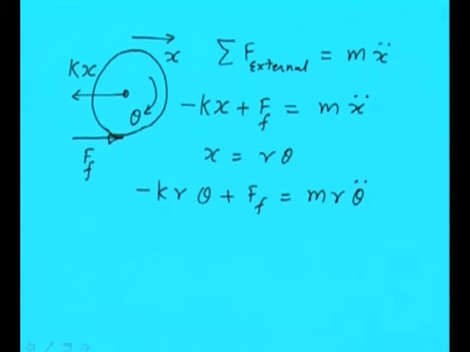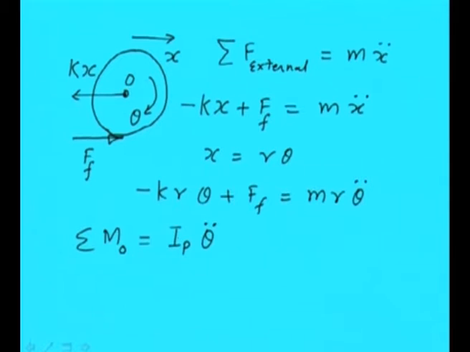Now we'll see the rotational part. Now we'll consider the moment about the center of the cylinder, because it is rotating with theta, so it will be having a rotary inertia also. So we can take the summation of all the moments about the center of the roller, and that will be equal to the polar mass moment of inertia of the cylinder into the angular acceleration.